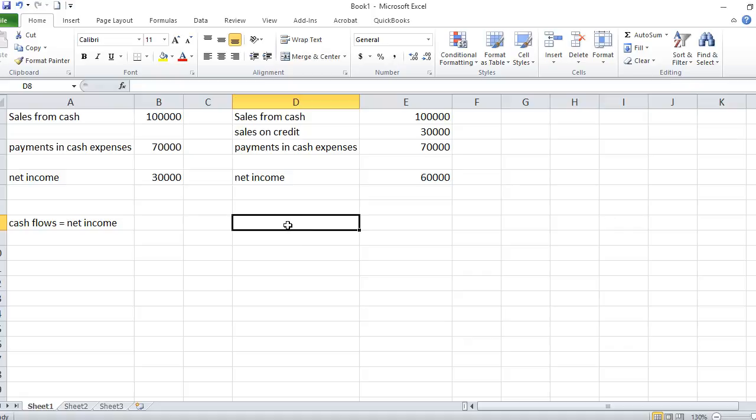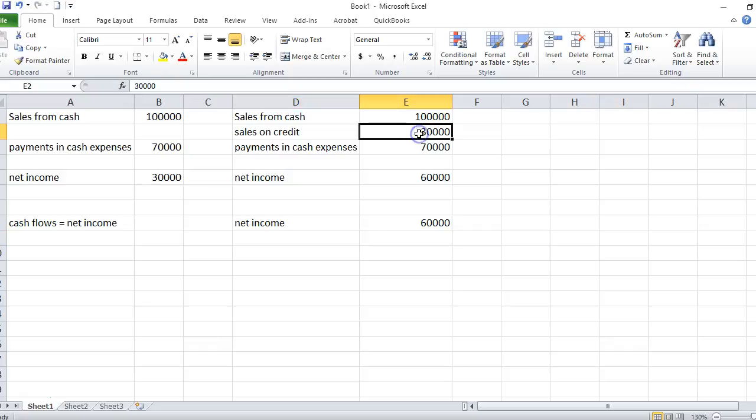Under the indirect method, we'll show our net income of $60. And then we're going to say if these sales on credit are at $30, that means at the end of the year we have $30,000 in accounts receivable, right? Because we haven't collected the money yet, right? So our accounts receivable increased $30,000.